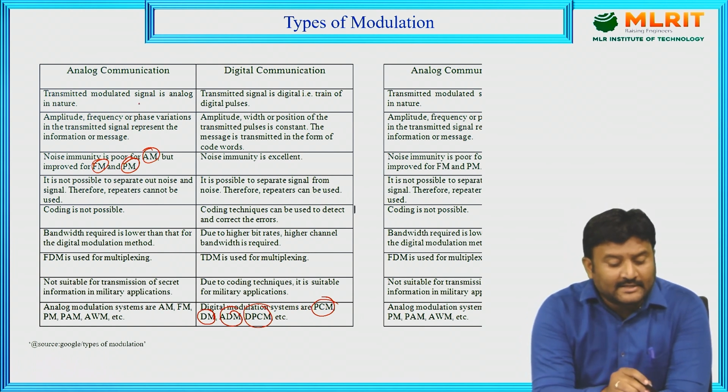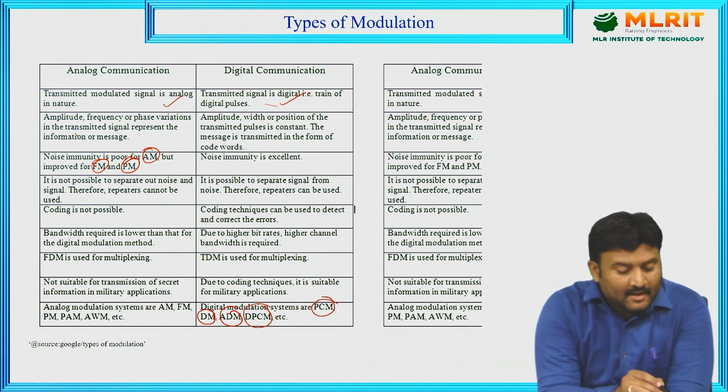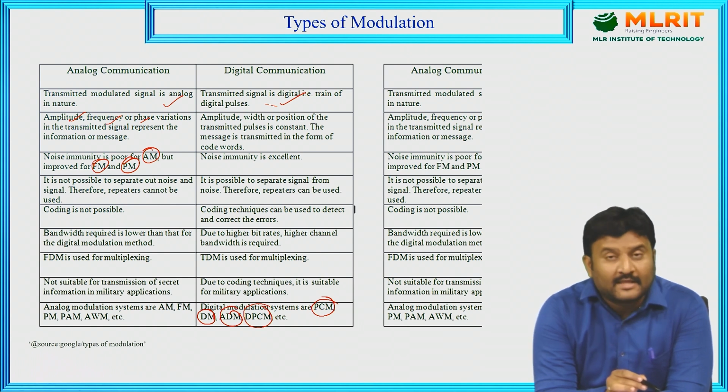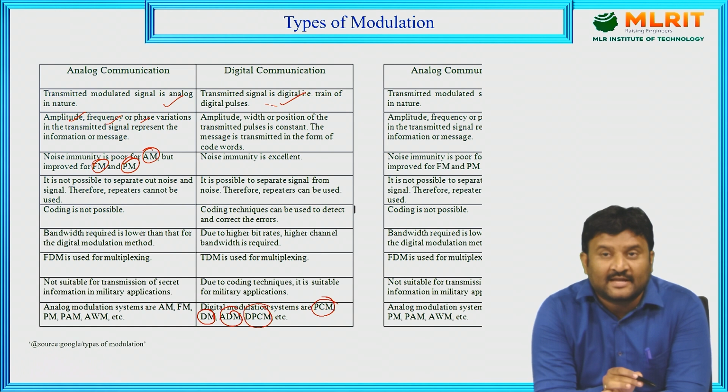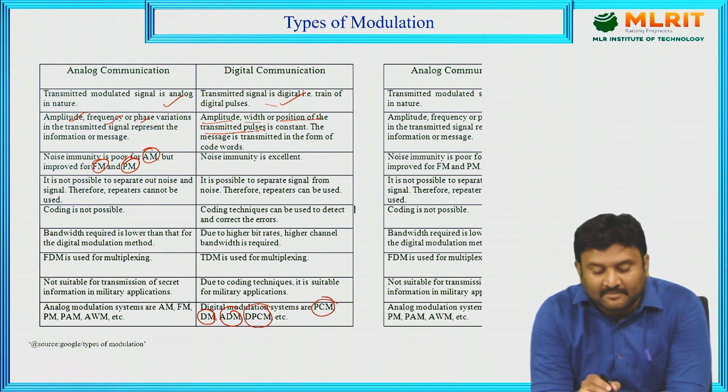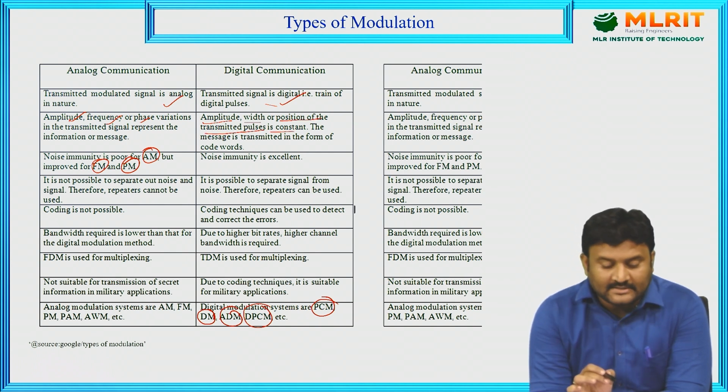The modulating signal should be analog, but in the digital case it is different. Here the amplitude, phase or frequency should vary, as per the definition. If the amplitude varies, it is amplitude modulation. If the frequency of the carrier varies, it means frequency modulation. If the phase of the carrier varies, it is phase modulation. Here the amplitude, width or position of the transmitted pulses is constant. That is the difference.